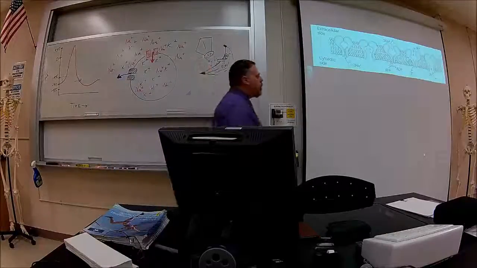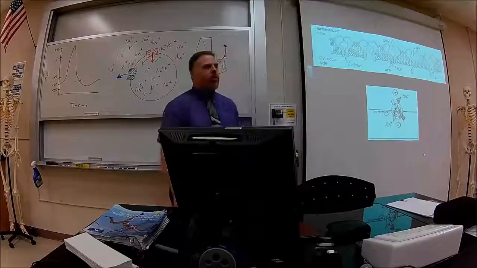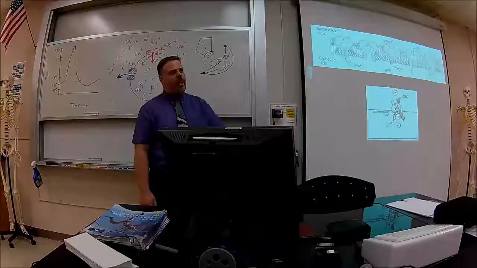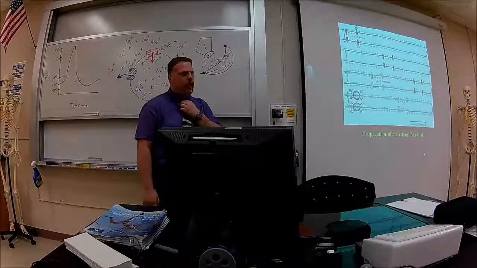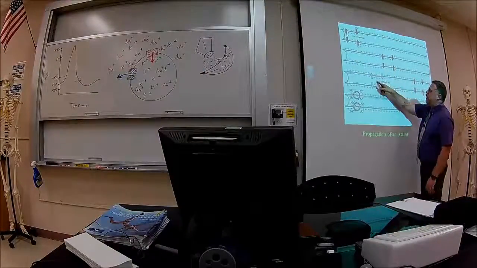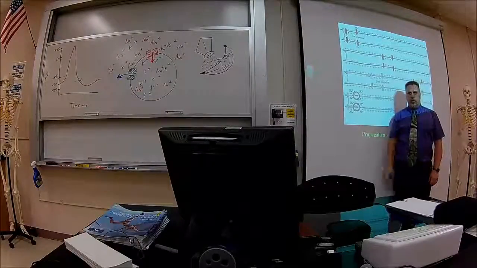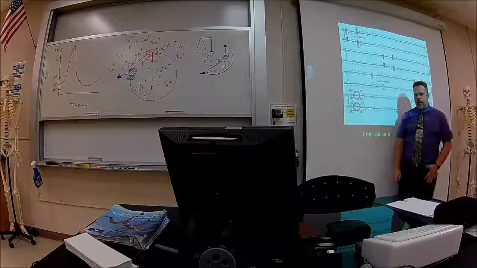And this is just showing the sodium-potassium pump, which you've seen before. Okay? Again, 3 sodium out to 2 potassium in. And you saw this before. Here's the action potential going down the axon. Here's the second one. And then there's going to be a sodium-potassium pump happening in each one of these action potentials behind it.